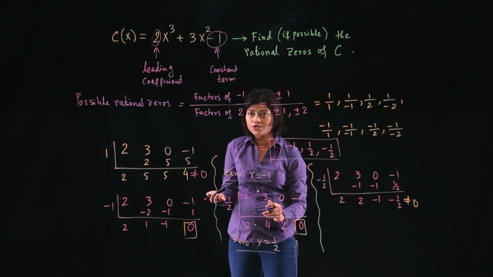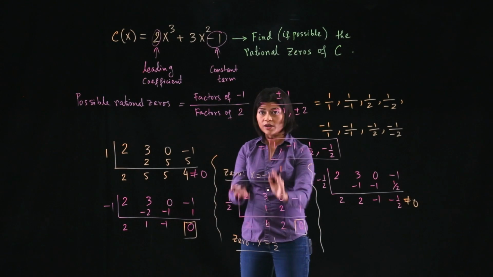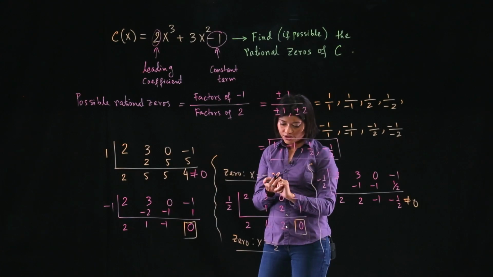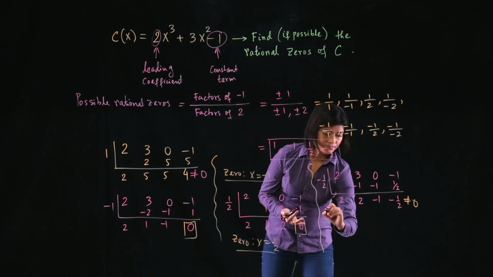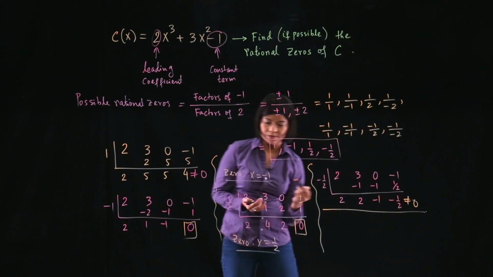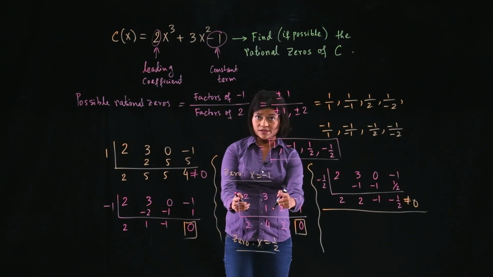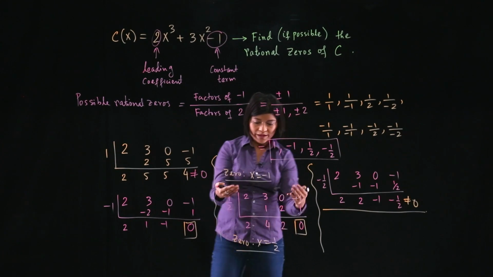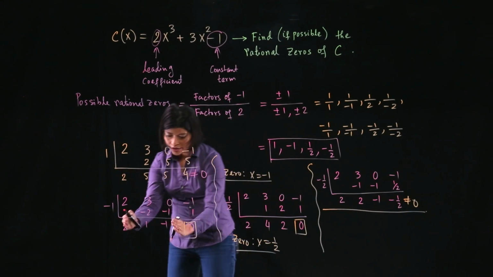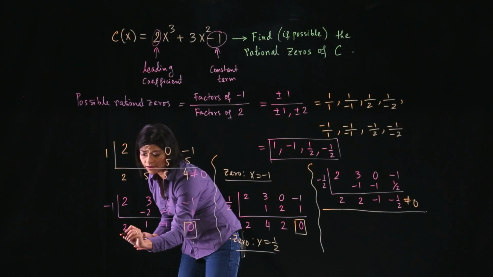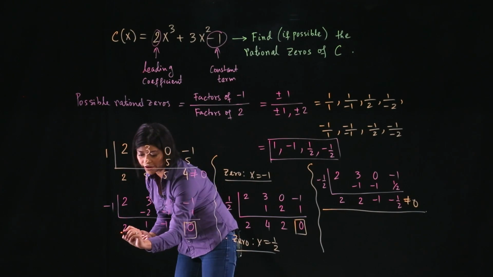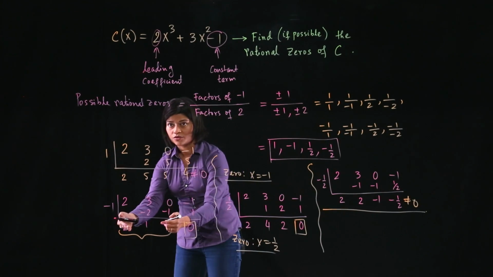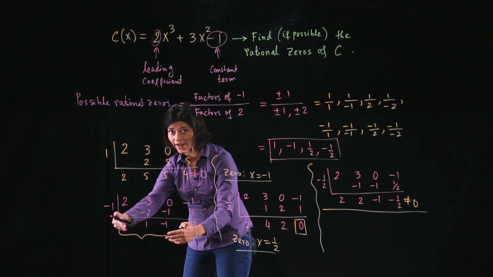So, we have 2 zeros: negative 1 and 1/2. What will be the third 0? Well, maybe one of them is repeated. So let's quickly check which one is repeated. Let's check with x equals negative 1. How can we check if it is a repeated 0 or not? Remember, for negative 1, this is the synthetic division here. If you consider these coefficients, we can use synthetic division again with negative 1.